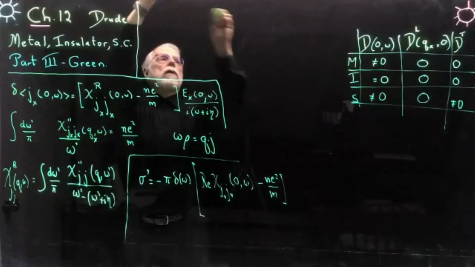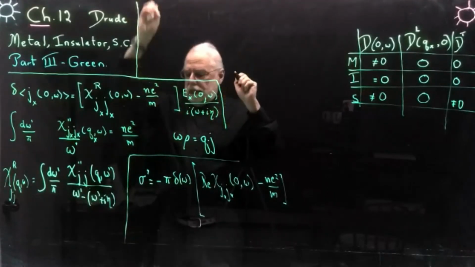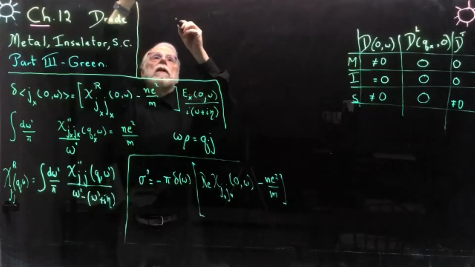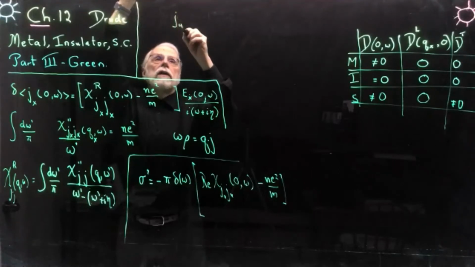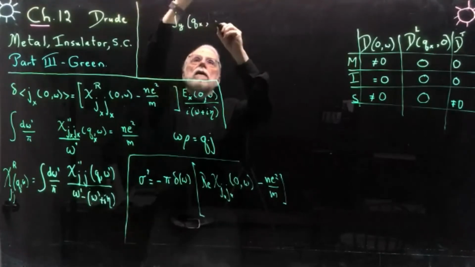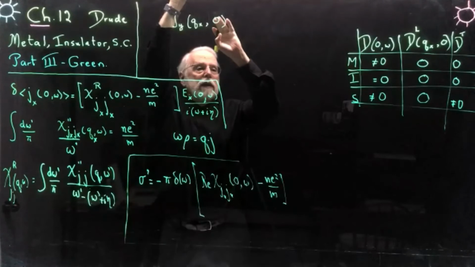In a superconductor, what happens is that the current J in the y direction, varying along the x direction at zero frequency, so it's a thermodynamic quantity, so we look at zero frequency.